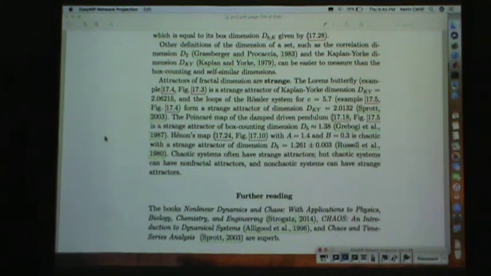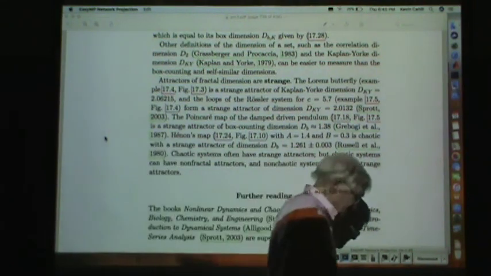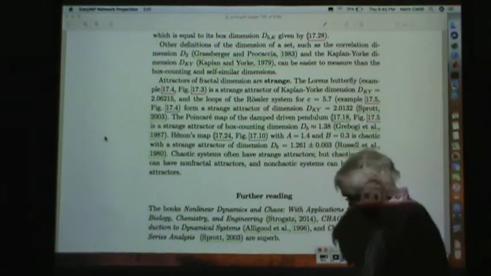The damped-driven pendulum has a dimension of 1.38. Hénon's map is 1.26. Chaotic systems often have strange attractors, but chaotic systems can have non-fractal attractors, and non-chaotic systems can have strange attractors. So we managed to get through the whole thing, actually.